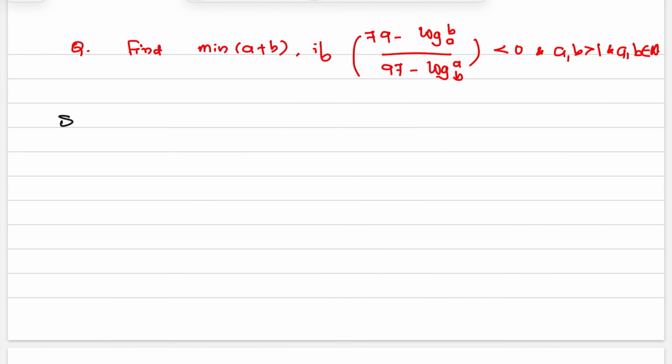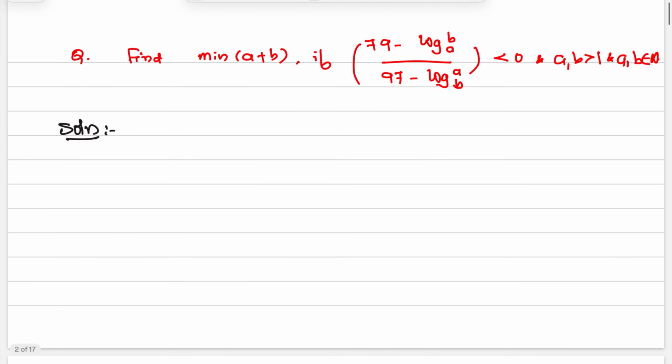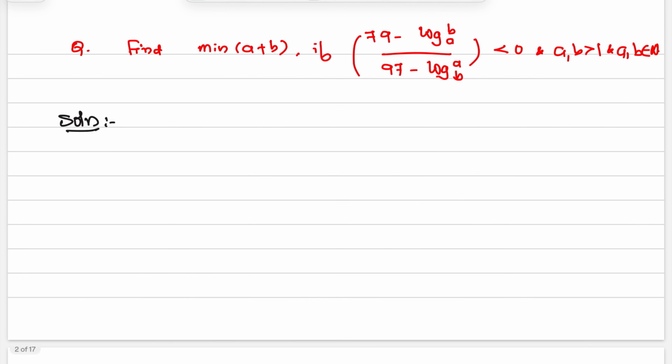Now let us try to solve it step by step. Let's not hurry ourselves. Try to understand the concepts. These concepts are very, very important.